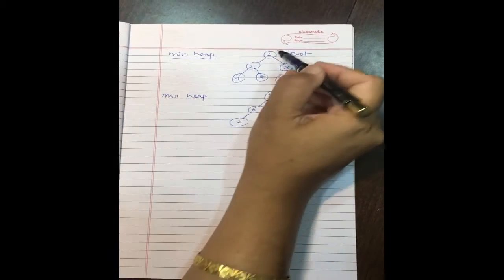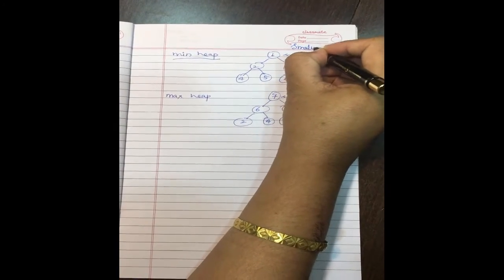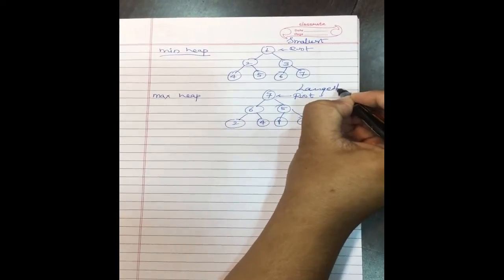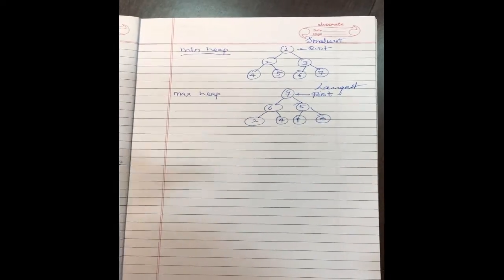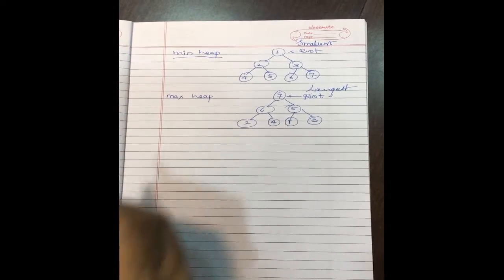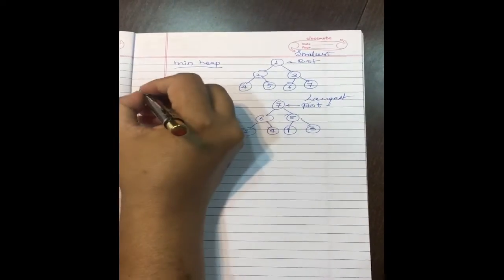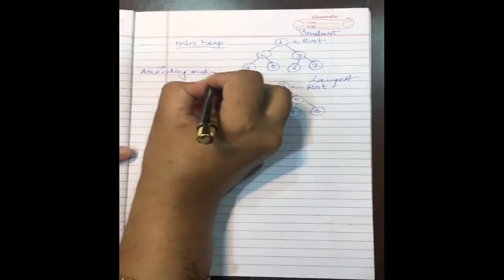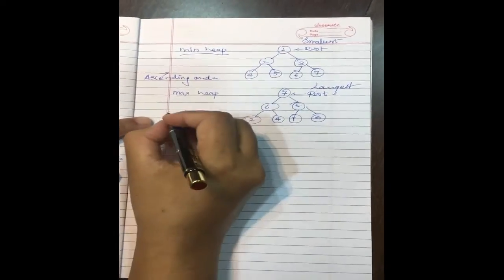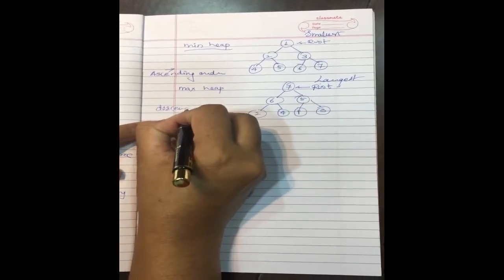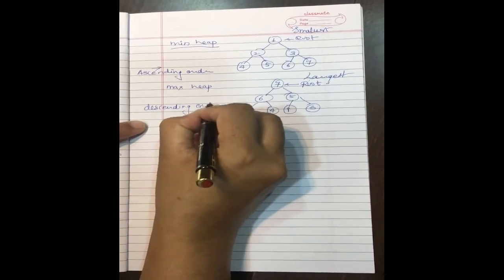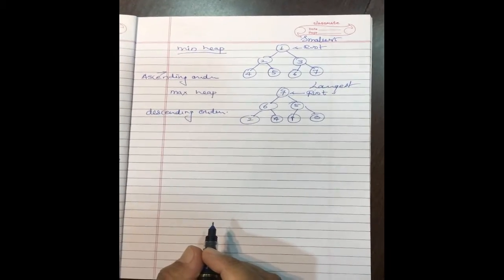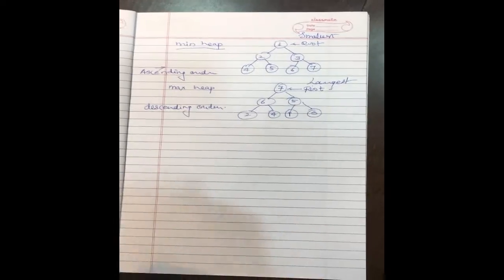So min heap carries the smallest number at the root position and max heap carries the largest number at the root position. When you perform heap sort using min heap, it gives you ascending order. And when you use max heap, it gives you descending order. So this way you are going to use the min heap and max heap data structures in the heap sort.